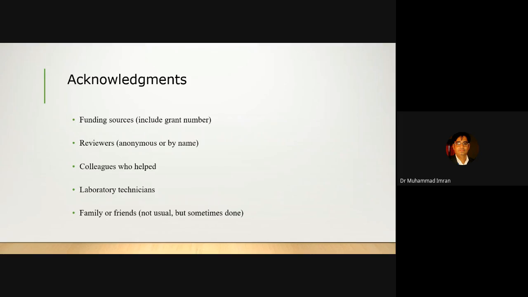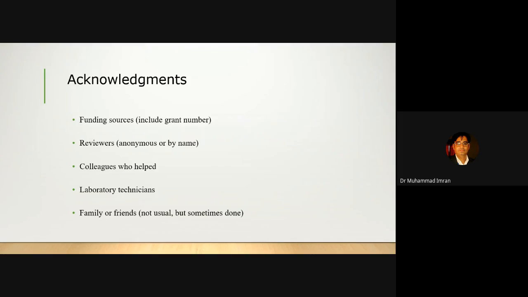Then acknowledgement: what are the funding sources of your research, either HEC or other sources from where you got the grant. You have to write the grant number in your acknowledgement section. Then you have to write the name of the colleague who helped you.